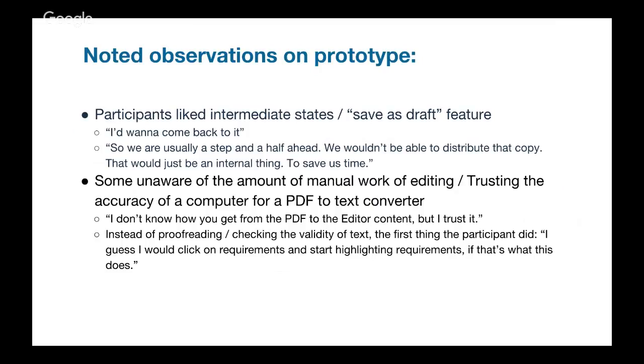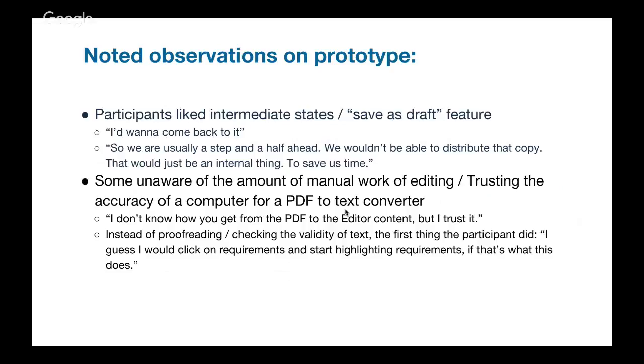Observations that users liked on this were that they liked intermediate states for different reasons, and that they liked the save as a draft feature so they could come back to policies or share that policy out or get ahead of other approval processes. But I think a lot of people were unaware of the amount of manual work of editing.